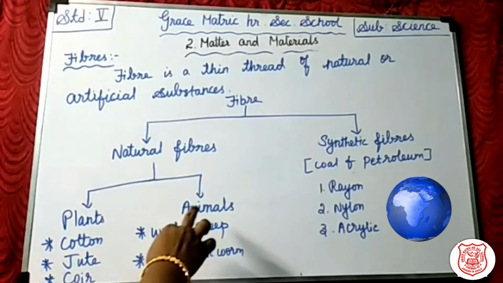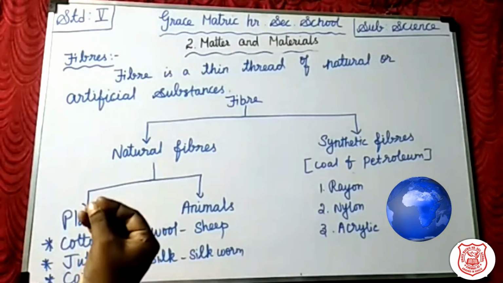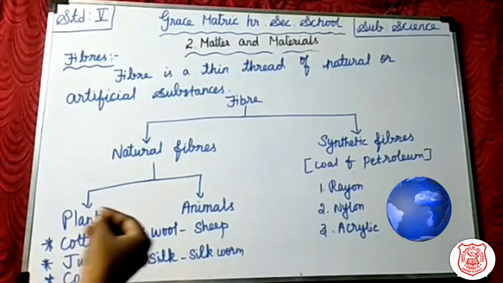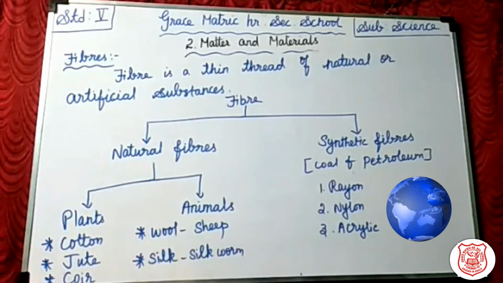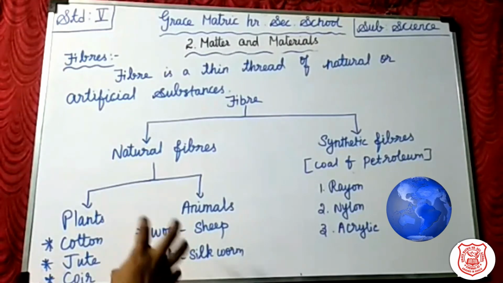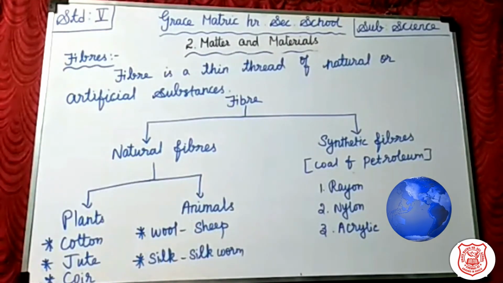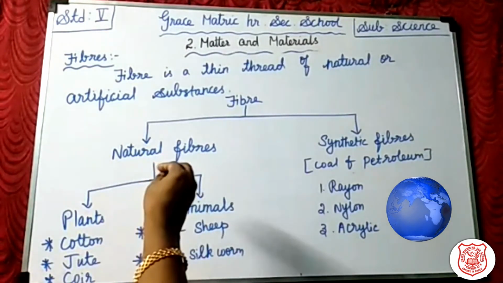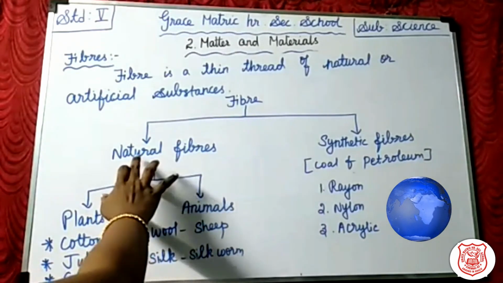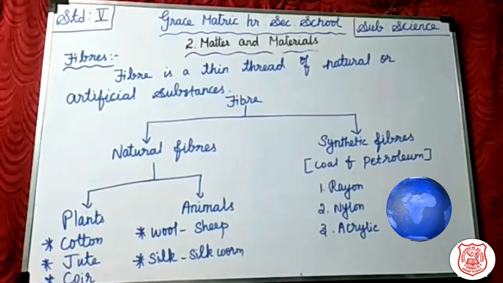Next, animals. From which animals do we get fiber? From a sheep we get wool, and from the silkworm we get silk. So these kinds of fibers are called animal fibers. This also comes under natural fibers.